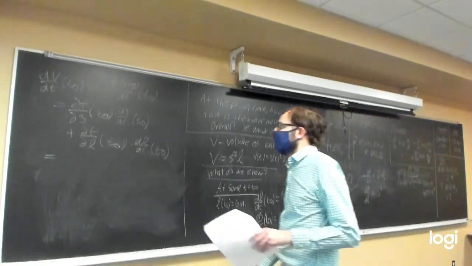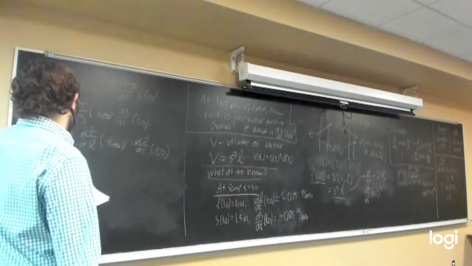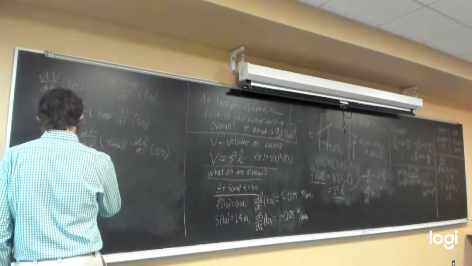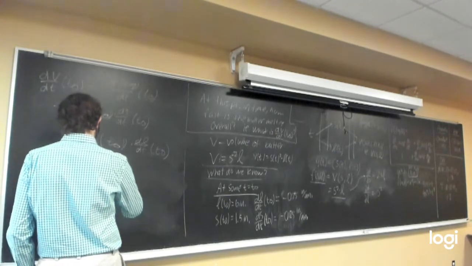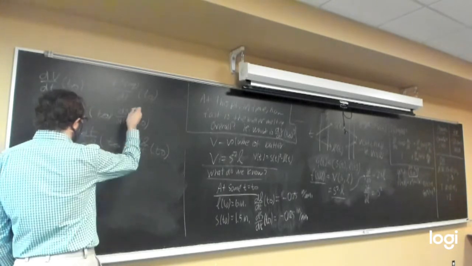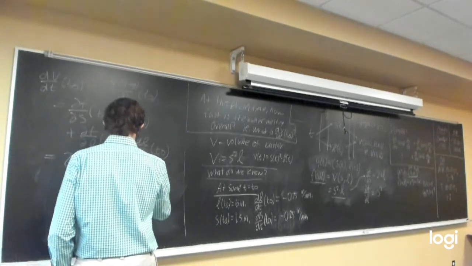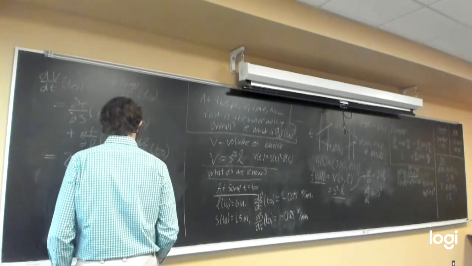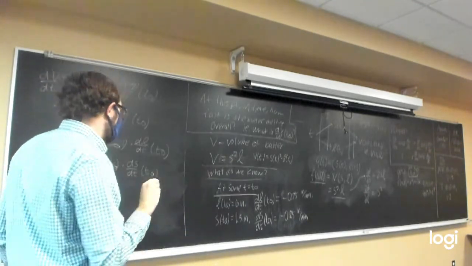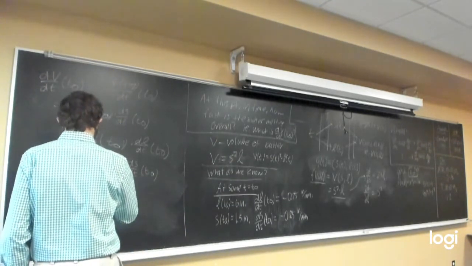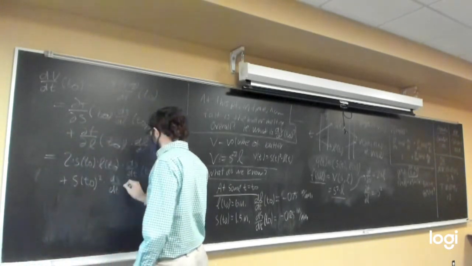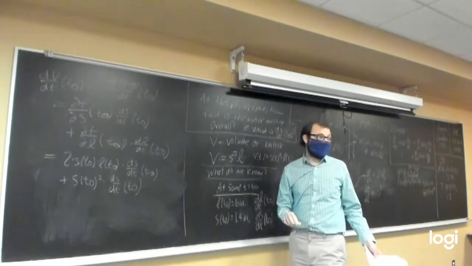So if we plug that in here, when we take dv dt at t naught, our del f del s at t naught is going to be 2 times s of t naught times L of t naught, and then we'll still have our ds dt evaluated at t naught, plus del f del L, which is just s squared, so s of t naught squared, times dL dt evaluated at t naught.